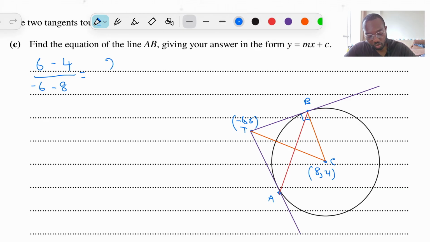So that would be 2 over minus 14, which is minus 1 over 7. So the gradient of CT is that. Therefore, for AB, we know that our gradient, let's call it m, is going to be 7. So the gradient of AB is 7. Now we need to figure out some points on this line AB.